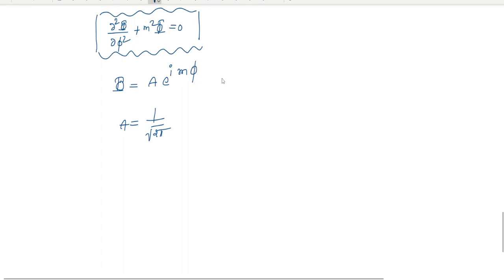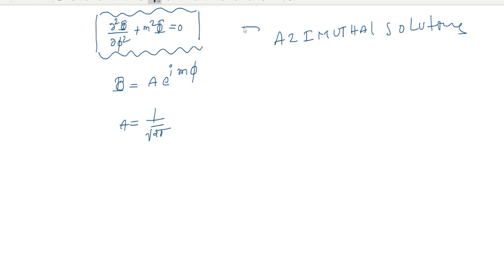Here m is azimuthal. Okay. Here m takes the values 0, plus or minus 1, plus or minus 2, plus or minus 3, and so on.